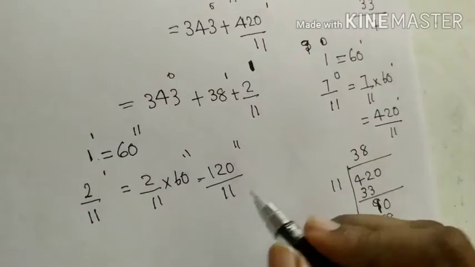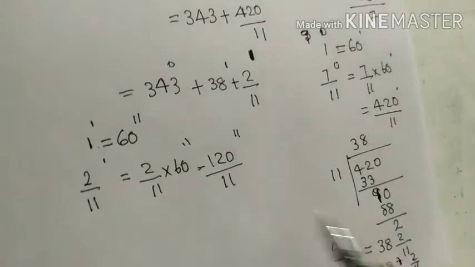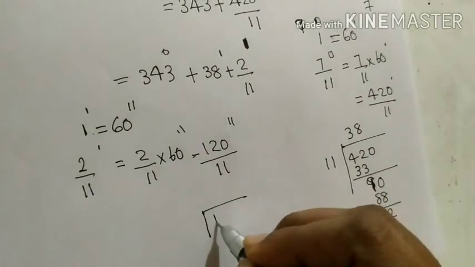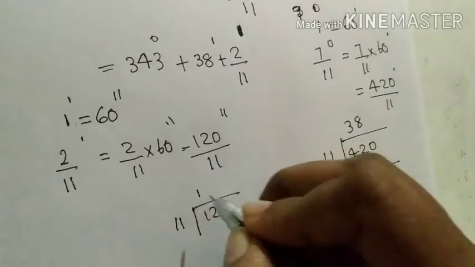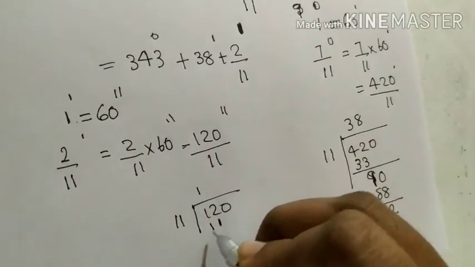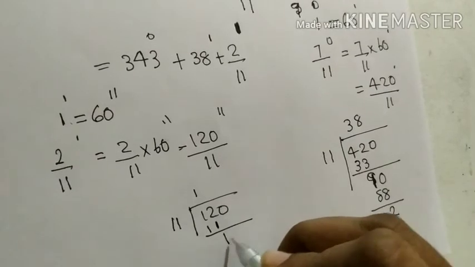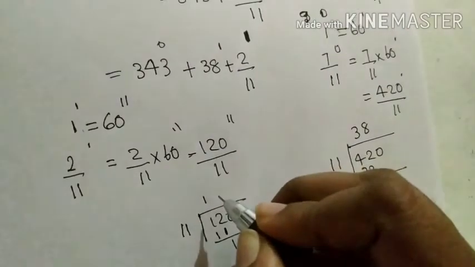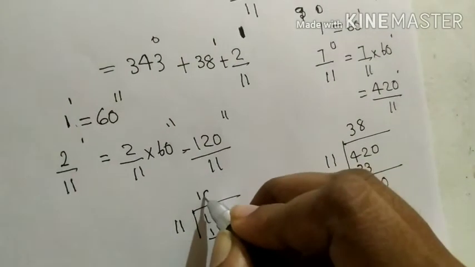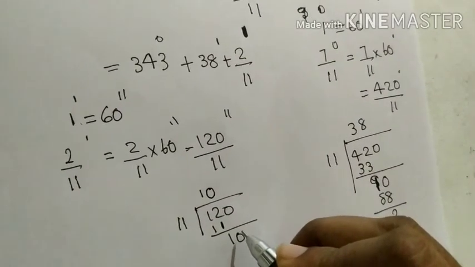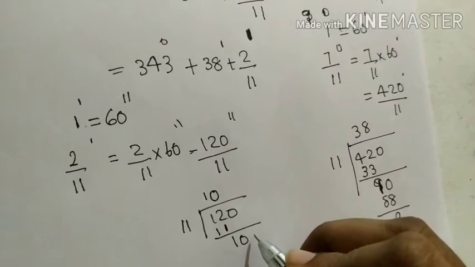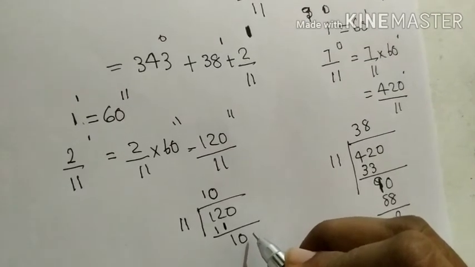Okay, so divide again. 120 divided by 11, we get 1 here, we get 11 here, so 10. Okay, so putting a 0 here, and making a point.